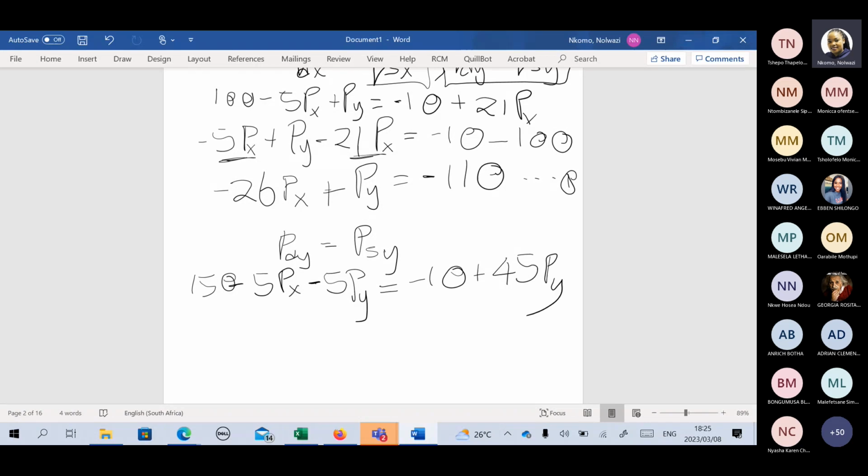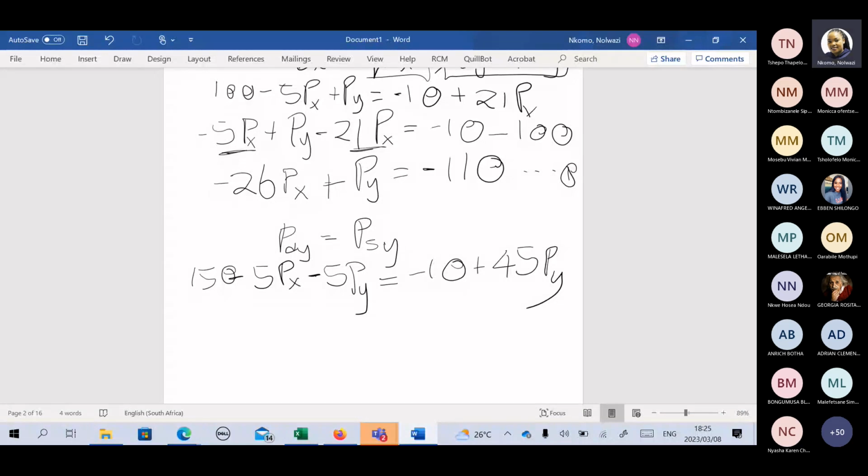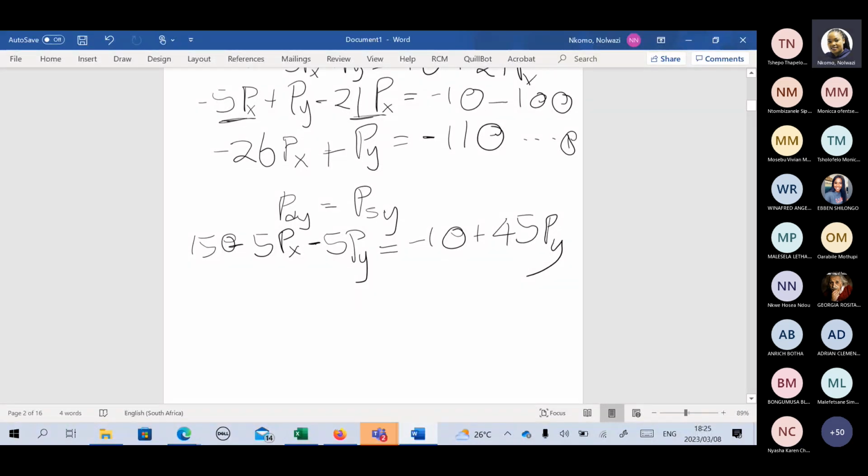Again, I'm going to take the prices on one side and the values on the other side, right? And if I do that, I will have minus 5px minus 5py minus 45py equals minus 10 minus 150, right?